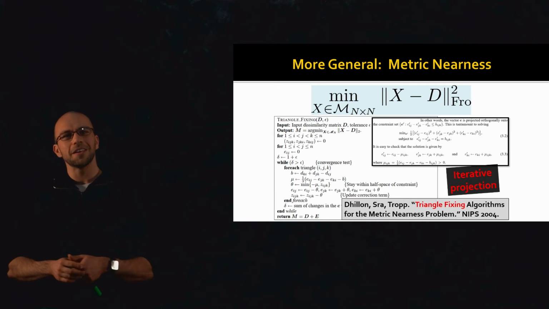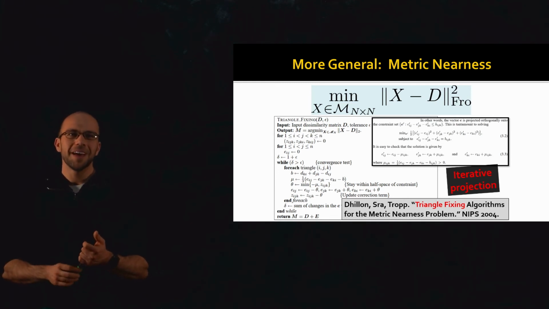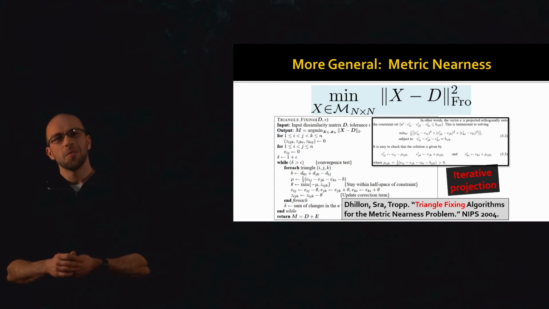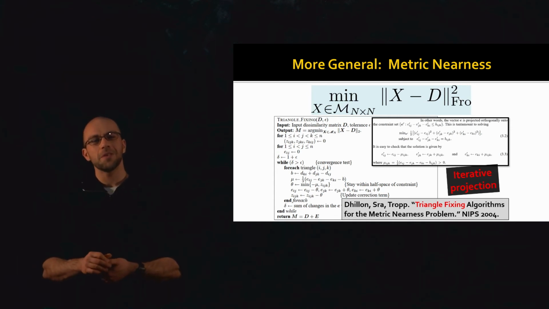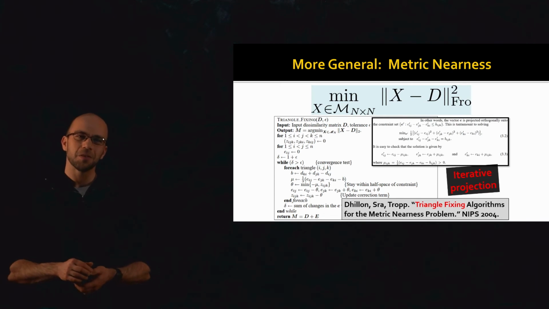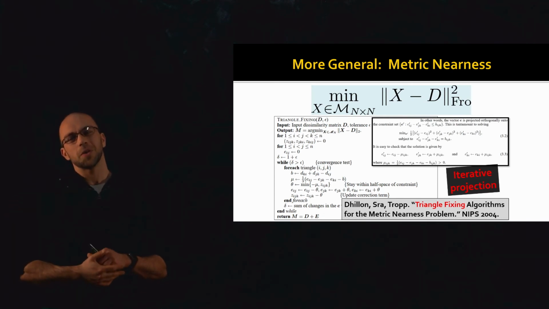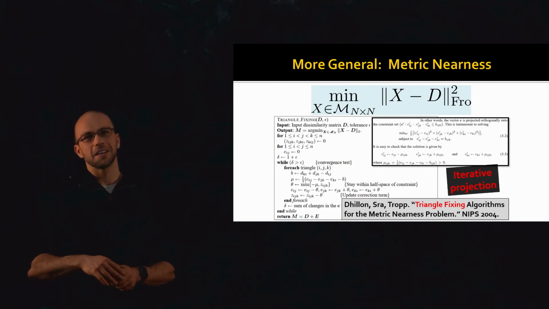This metric nearness problem is an interesting one, and it turns out that there are some really elegant algorithms for projecting onto that space. One of them, from 2004, appearing in the machine learning literature, essentially just iteratively updates violations of the triangle inequality and shows that it converges on this nice projection.